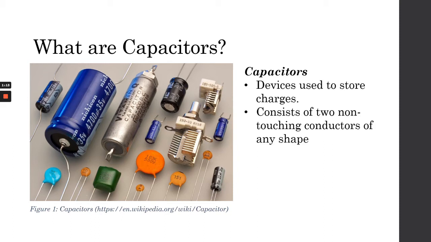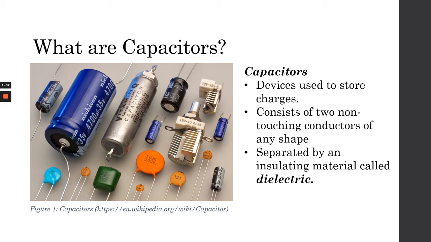Also, capacitors usually consist of two non-touching conductors of any shape. I will show later how you can visualize how these capacitors are used and what these two non-touching conductors are. Usually, these two non-touching conductors are separated by a dielectric.